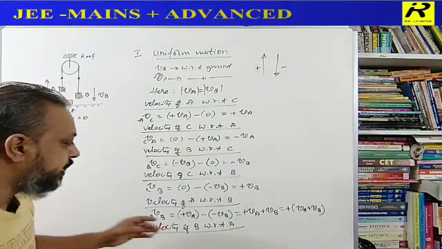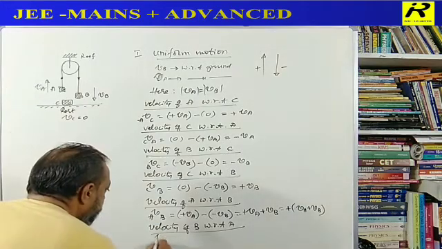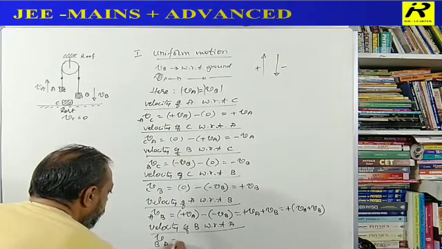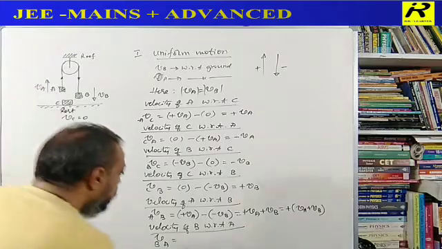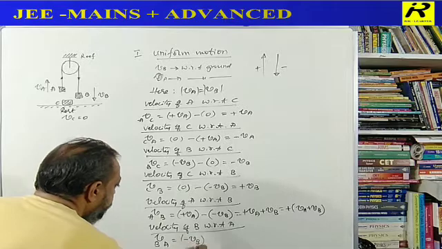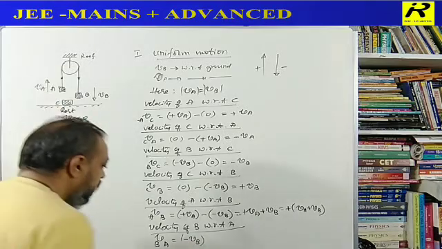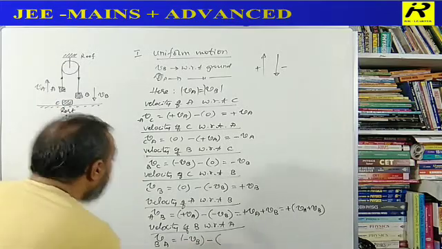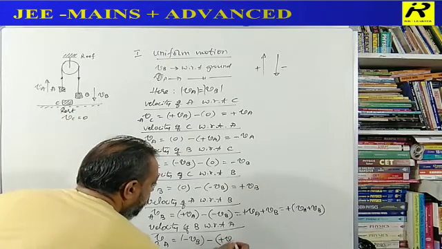So velocity of B with respect to A is written like this: velocity of B is downward, that is minus Vb, minus velocity of A, which is upward, so it should be written plus Va.